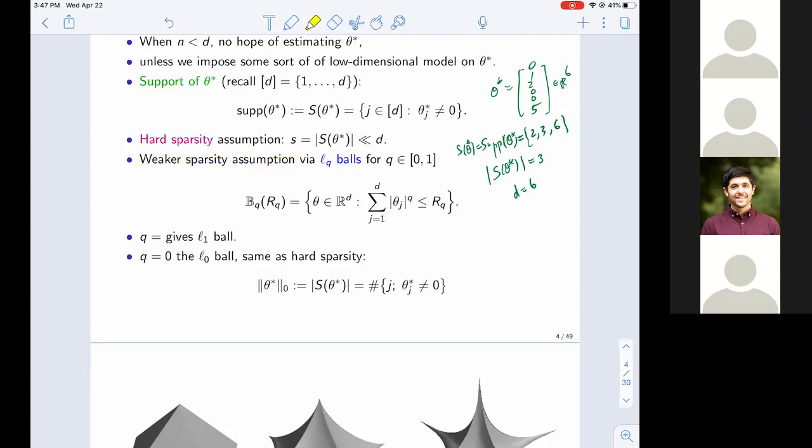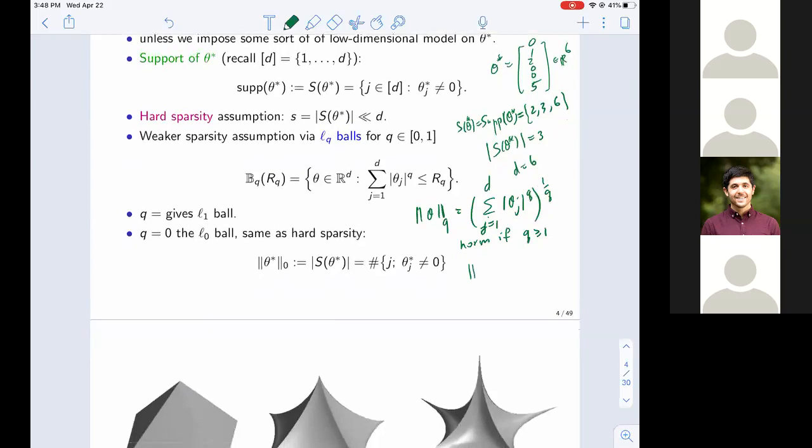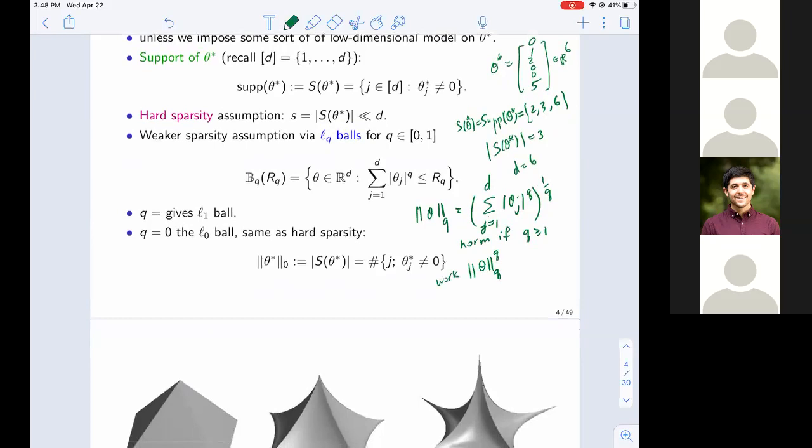The LQ norms are defined like this: the sum over j from 1 to D of the absolute value of theta j to the Q, all to the power 1 over Q. These are norms if Q is bigger than or equal to 1, but we can still work with them, and they have interesting properties, for example satisfying a triangle inequality, even if Q is less than 1.